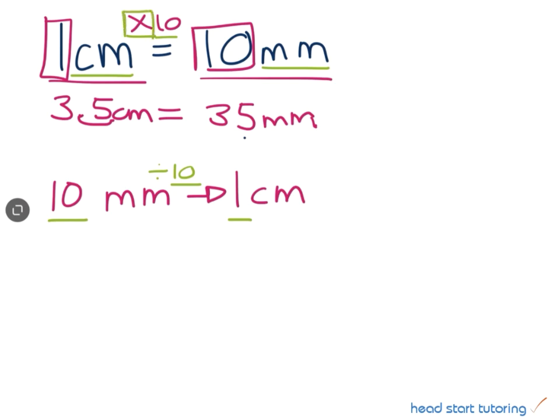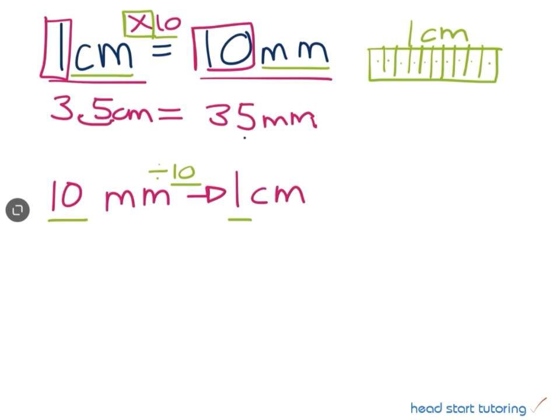And the reason for this is because if we were to pretend that that is 1 centimeter, in 1 centimeter, we have 1, 2, 3, 4, 5, 6, 7, 8, 9, 10 little millimeters.